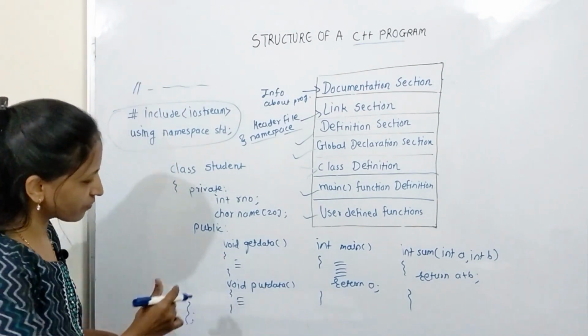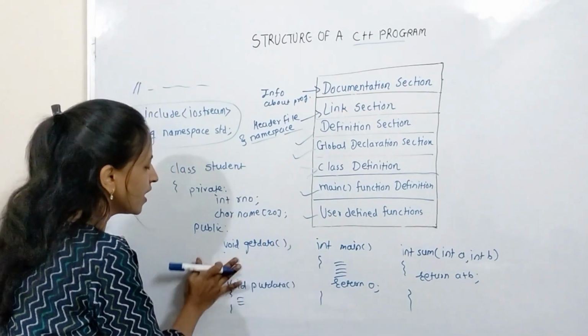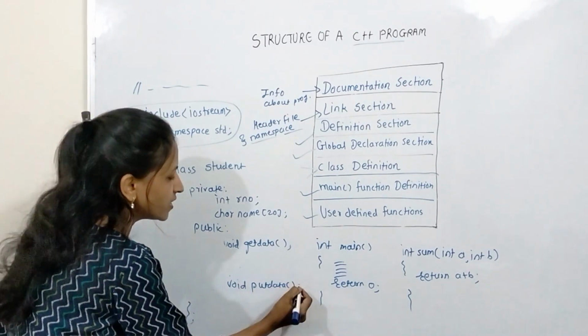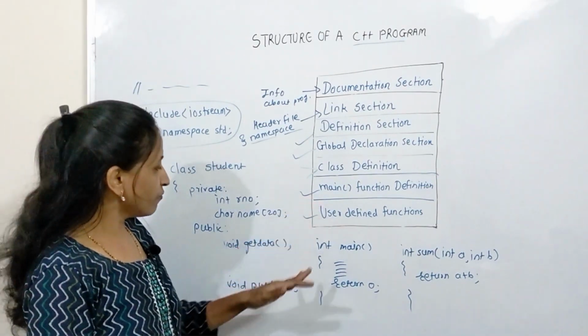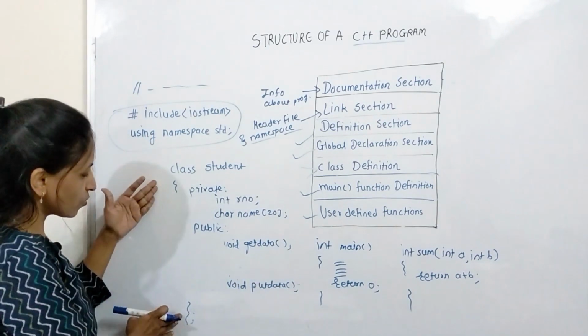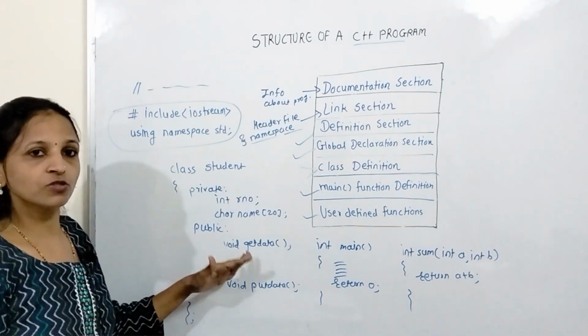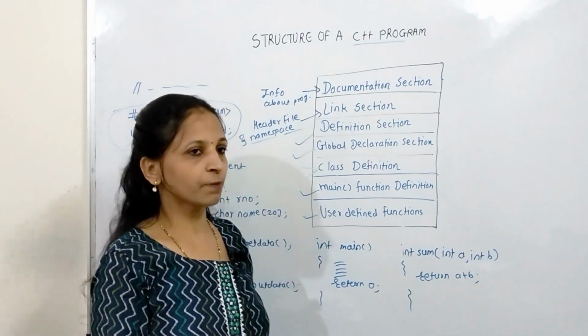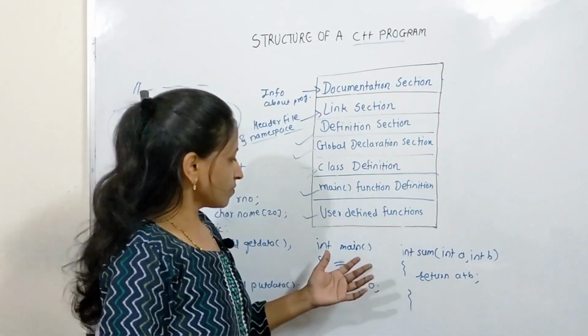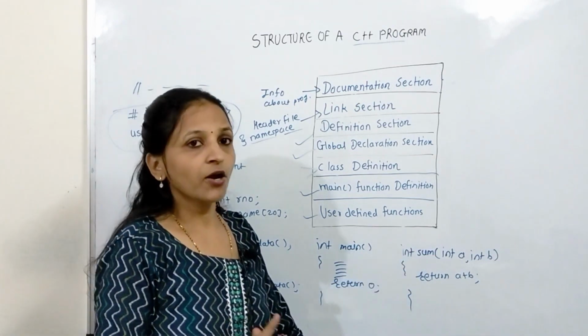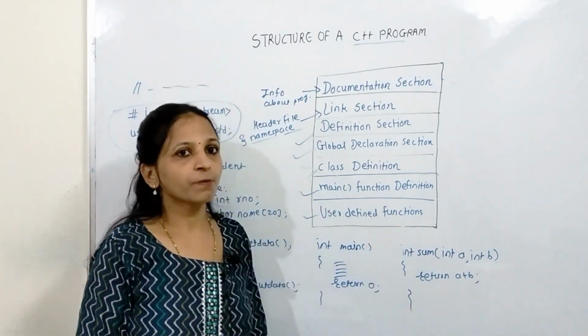The member function definitions you can just declare here and define these member functions outside the class. That is again possible. If you are defining these outside the class, after closing the class, you have to define those member functions first and then write main. And after that, if you want to write any user defined function, you can write it after main.